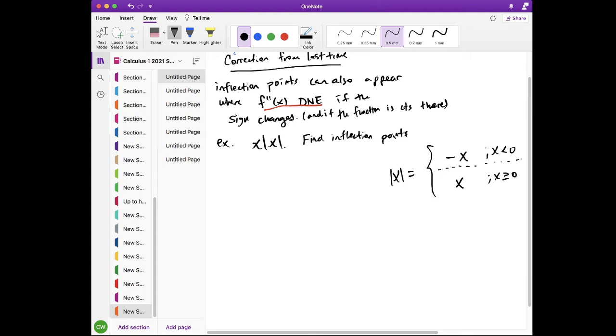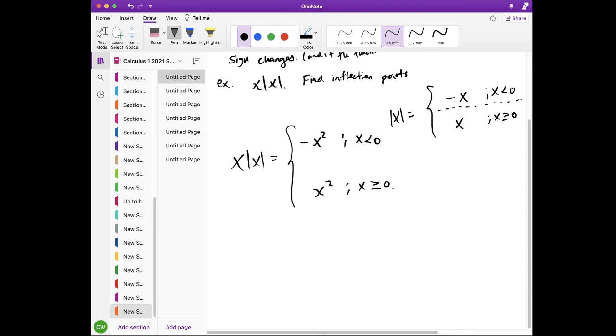So what is x absolute value of x? Well, it's negative x squared when x is less than 0, and x squared when x is greater than or equal to 0. Okay, what's the derivative? What's the derivative when x is less than 0?